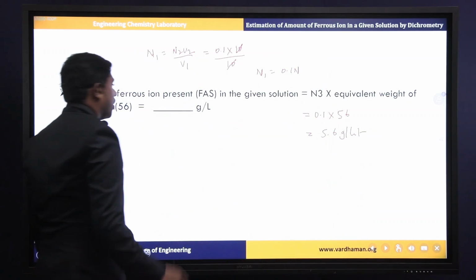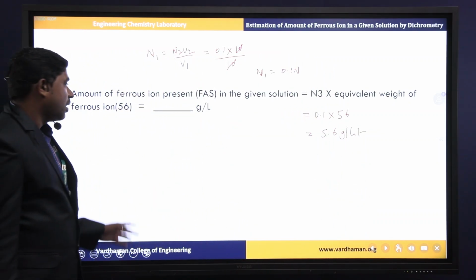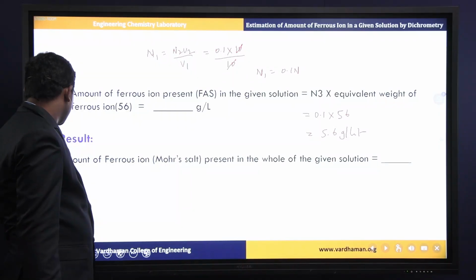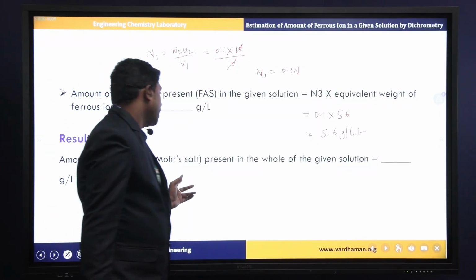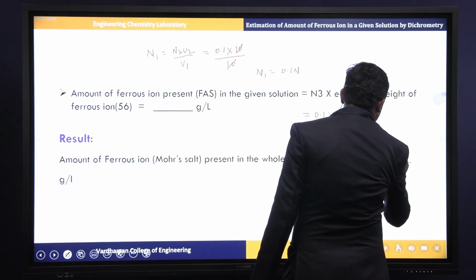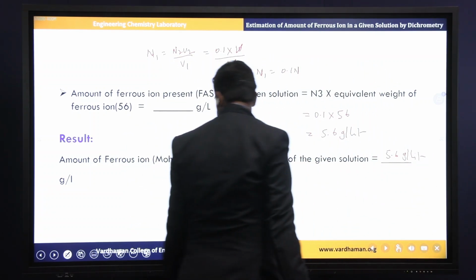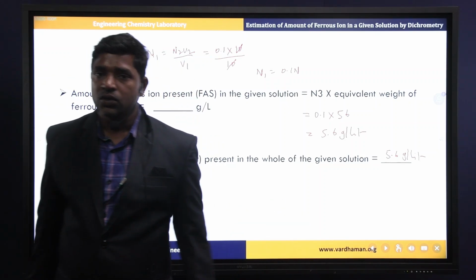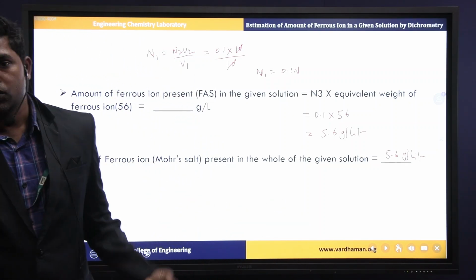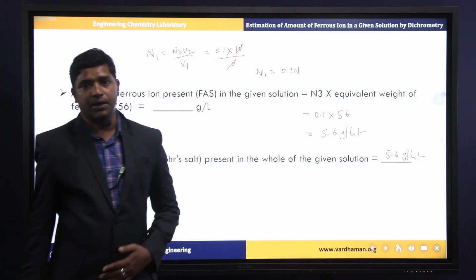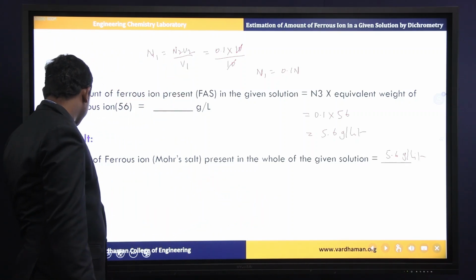This is the final result. Now the final amount: the amount of ferrous ion in the given sample solution is equal to 5.6 grams per liter. Okay students, so finally the amount of ferrous ion is equal to 5.6 grams per liter. This is our final result.